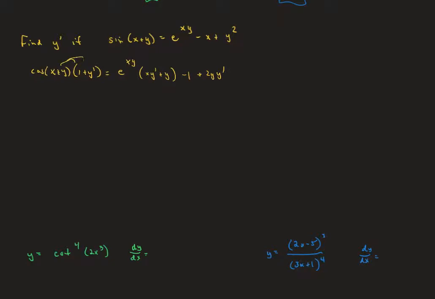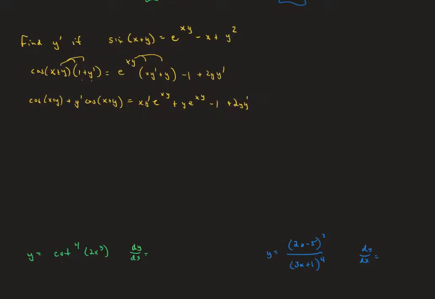Now we're going to have to distribute here because we have one term that has a y prime and one that doesn't. And so ultimately they're going to have to go to different sides of the equal sign. So distributing that cosine of x plus y and distributing the e to the xy is going to get us to, I think, this position right here, still with a minus 1 and a plus 2y y prime.